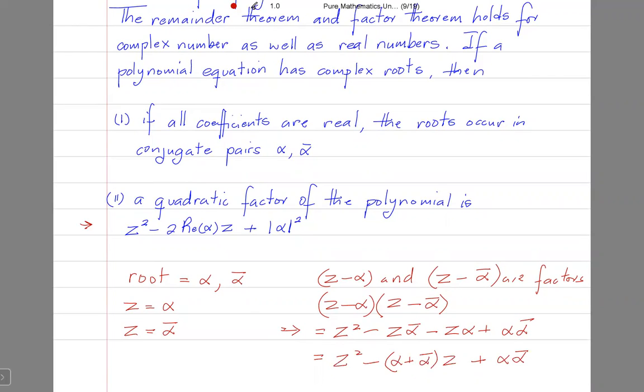And if you examine that statement carefully, you'll see that it is the same statement that is made in I. Because alpha plus alpha conjugate will give you 2 times the real part of alpha. And alpha multiplied by alpha conjugate will give you the modulus of the square of alpha. It will give you the modulus of the square of alpha.